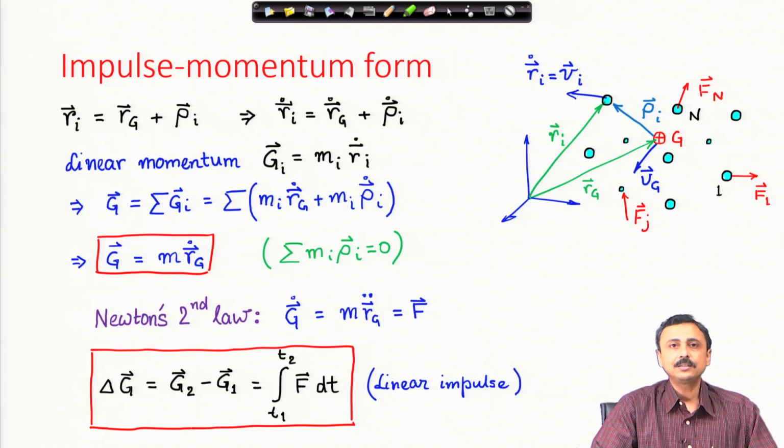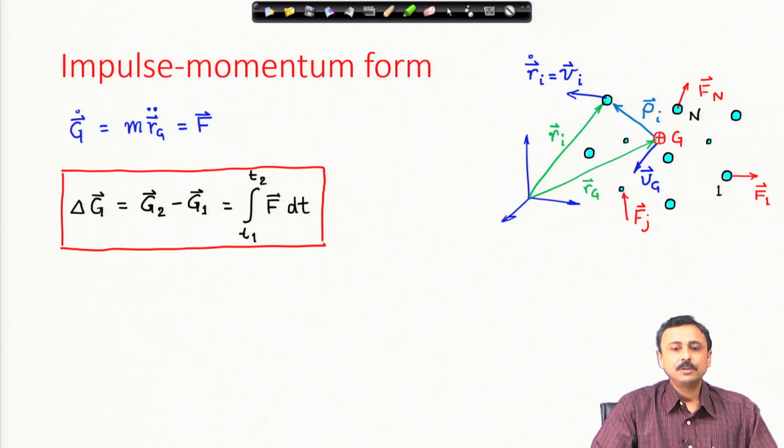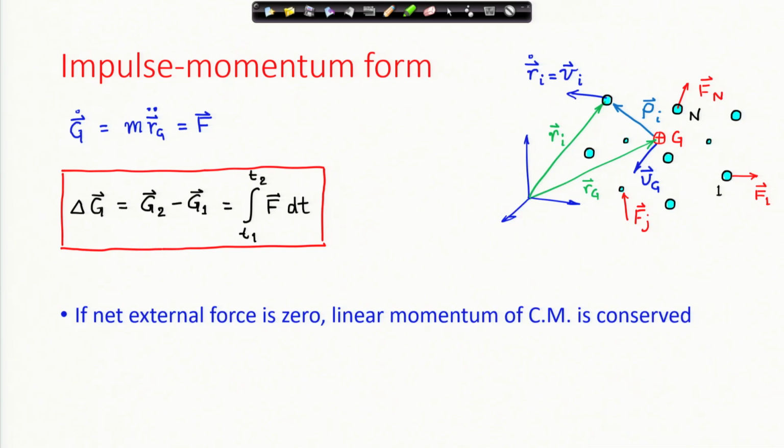Integrating this generalized Newton's second law, we obtain the linear impulse momentum relation. If there is no external force, then linear momentum of the center of mass is conserved. Here we notice once again that internal forces do not contribute, because they do not appear in the generalized Newton's second law for a system of particles.